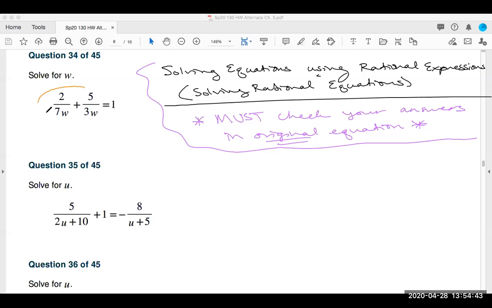The LCD is 21W squared. So let's do method 1, method 2.